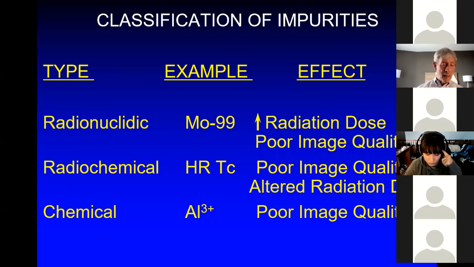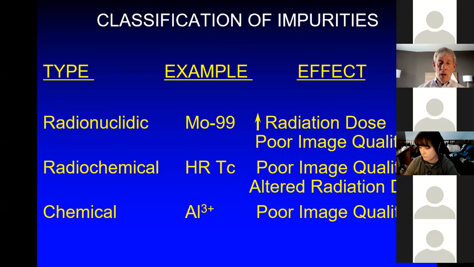The only good example I can give you today is aluminum ion breakthrough in the generator. Where did that come from? There's aluminum oxide in the column. Under some conditions, especially low pH, which we really should never have, but if we do, it could solubilize some of the aluminum. And we're not worried about the patient's safety. People swallow hundreds of milligrams of aluminum every time they take Maalox or Mylanta.